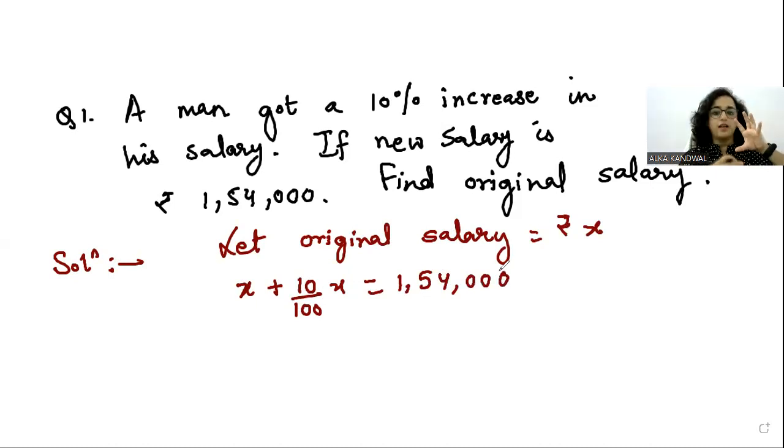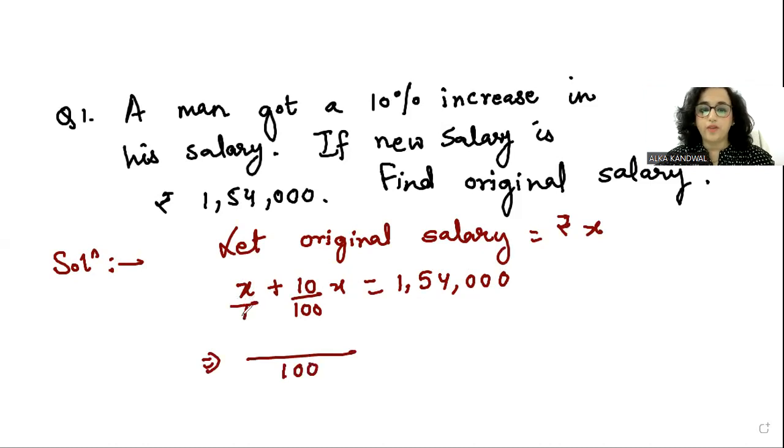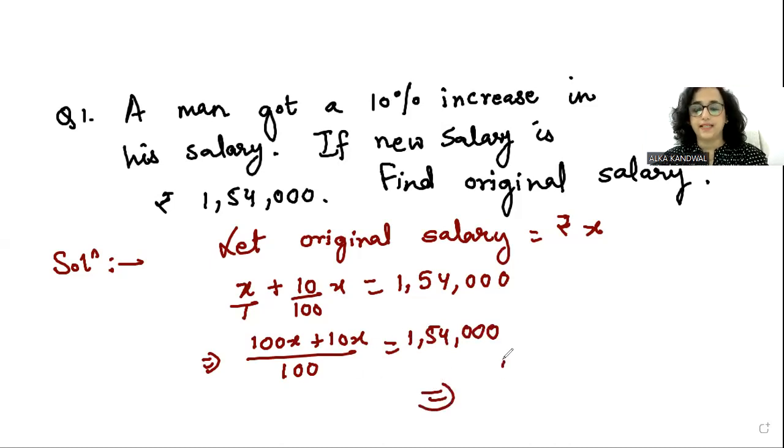So 10% of X is equal to 1,54,000. तो टेक आउट द एलसीएम 100. So 100 into X, 100x आ जाएगा प्लस 10x आ जाएगा is equal to 1,54,000. So here we go. 100 plus 10 is 110x by 100 is equal to 1,54,000.